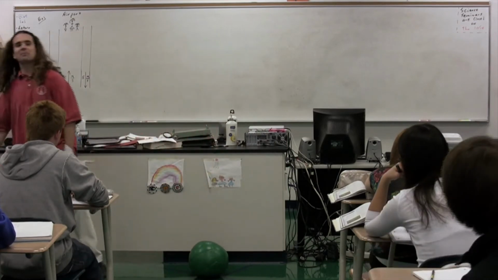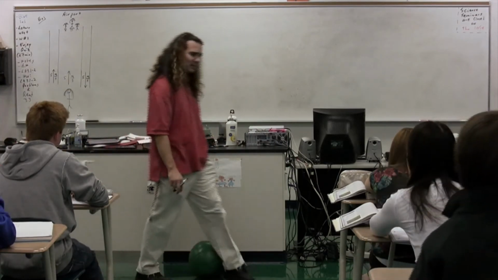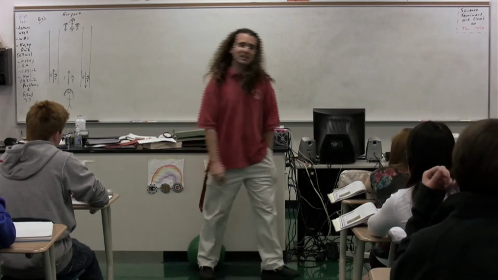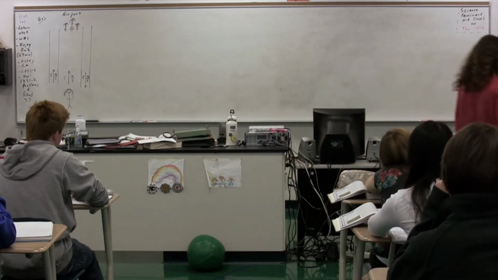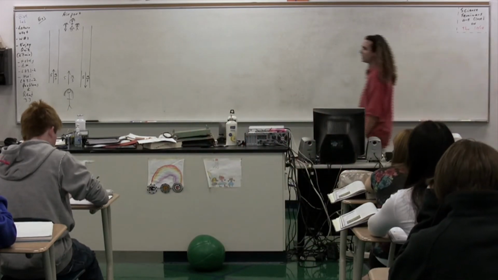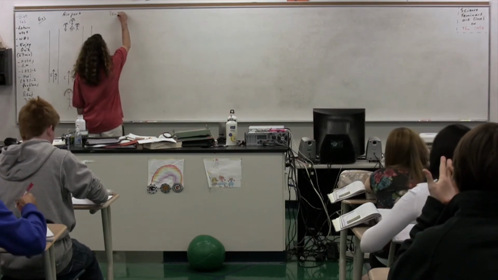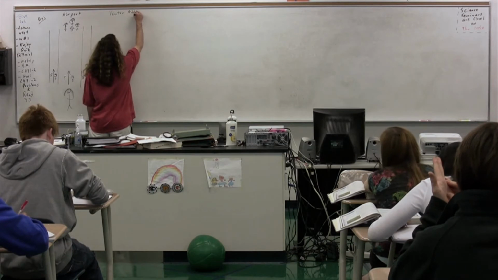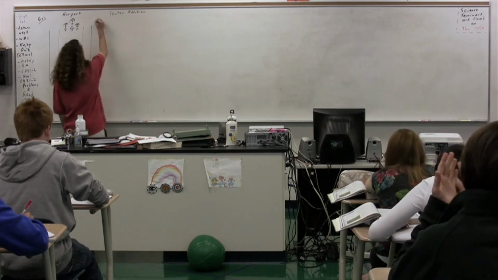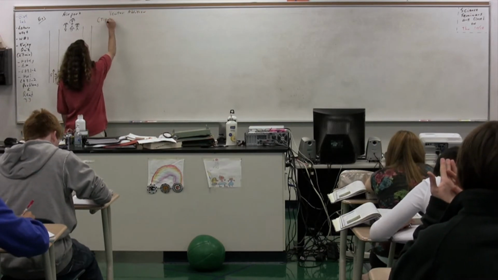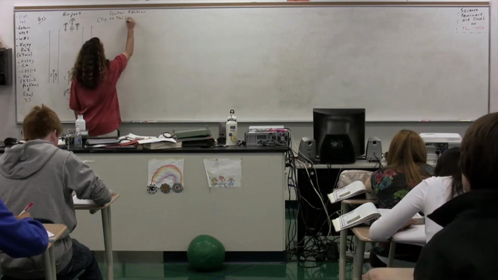Now, I bring up this example because it's a relatively simple example. But this is a very basic example having to do with the concept of vector addition. Specifically, what we're going to be doing is called tip-to-tail vector addition.